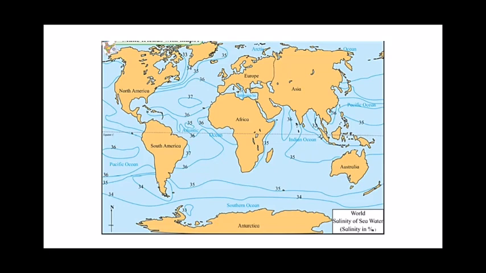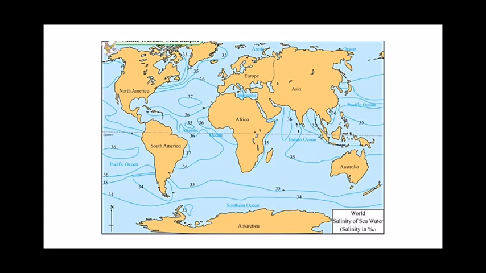Next question: what are the reasons for differences in salinity at a global level? Children, what may be the reasons for different salinity in different parts of the oceans? You can see 36, somewhere 35, somewhere 34, 32. What is the reason behind the differences?